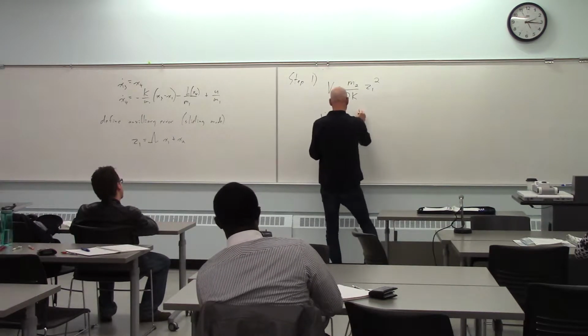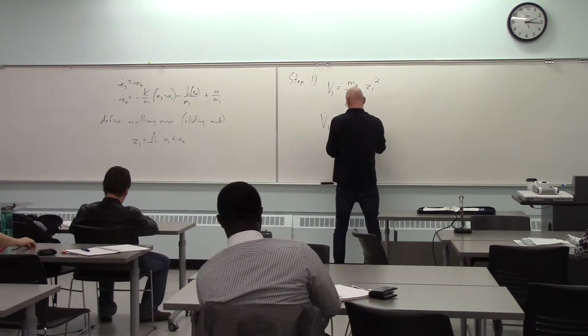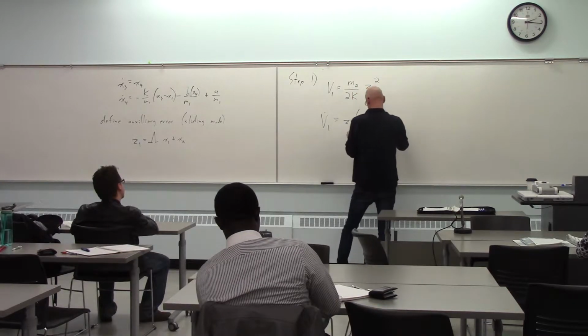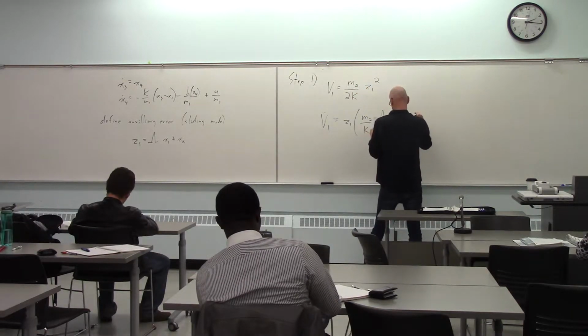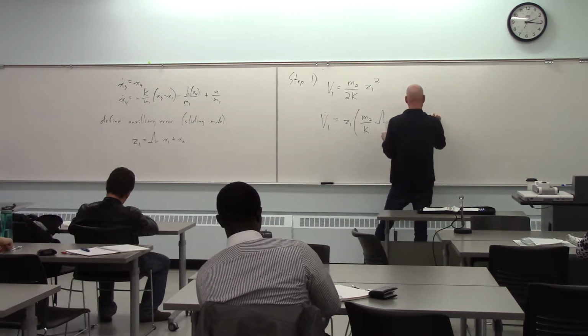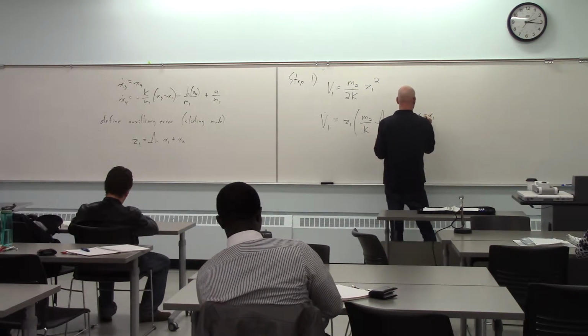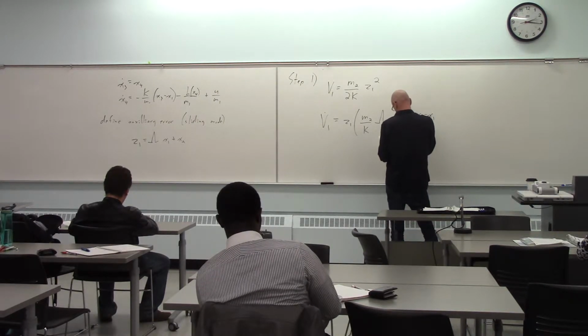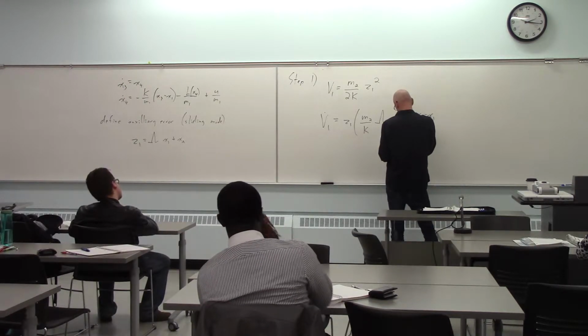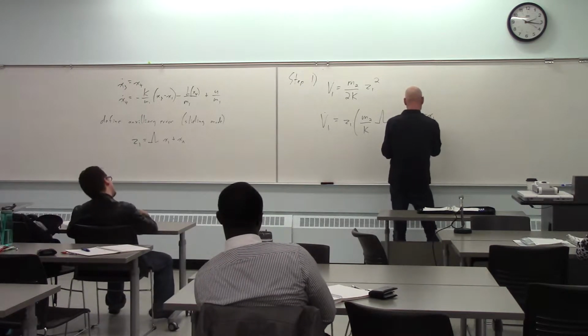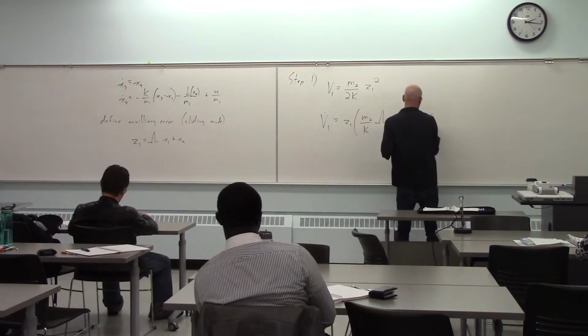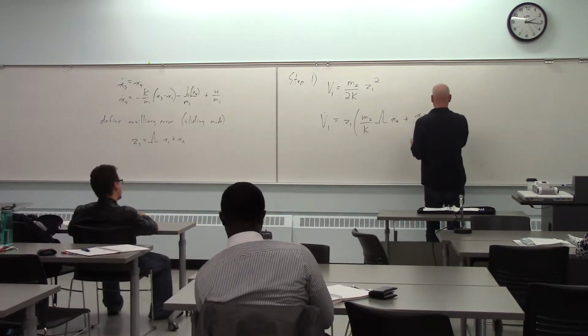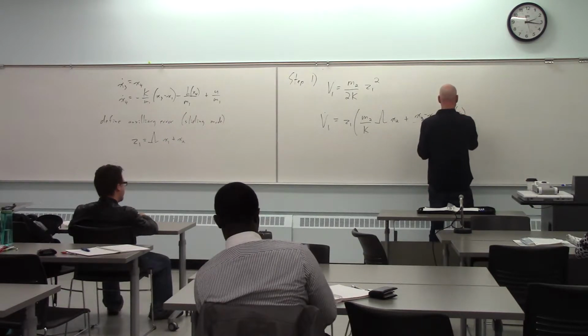V1 dot is going to be Z1 M2 over K lambda X2 plus X3 minus X1 minus b x2 over k.